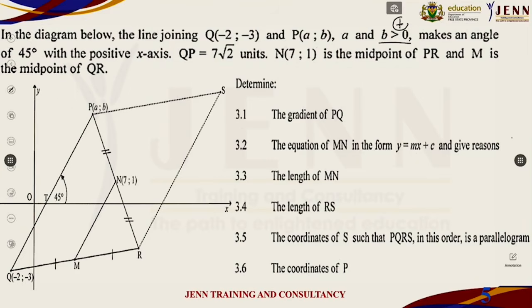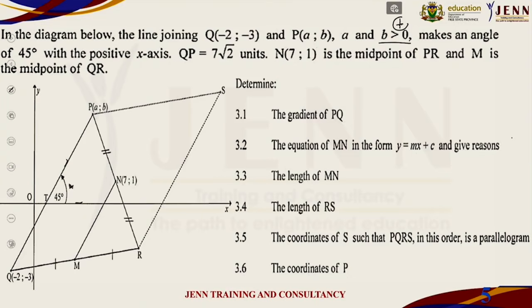I explain again, what is an angle of inclination? Angle of inclination is the angle that is formed between the x-axis and the drawn line. And that will be the angle of inclination. So for our QP, we have an angle of inclination of 45.